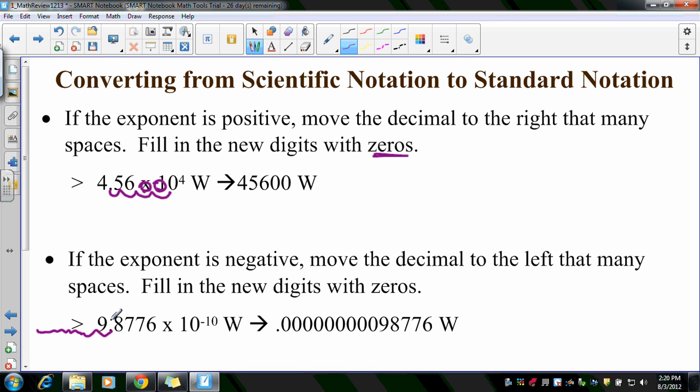A really easy shortcut for this is if you're going to the left, you'll always have one less zero than your exponent. So here we have negative 10, which means we should have 9 zeros after the decimal point. So 1, 2, 3, 4, 5, 6, 7, 8, 9. And then your 10th spot would be to make that 9.8.